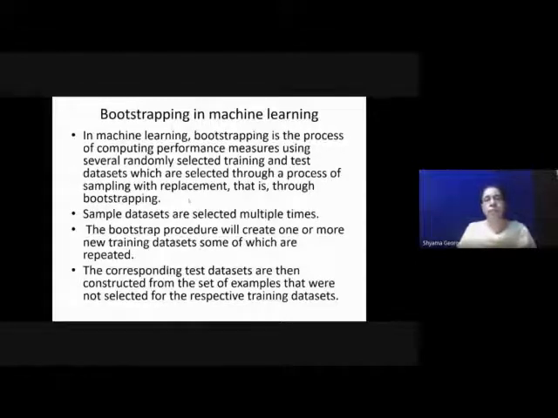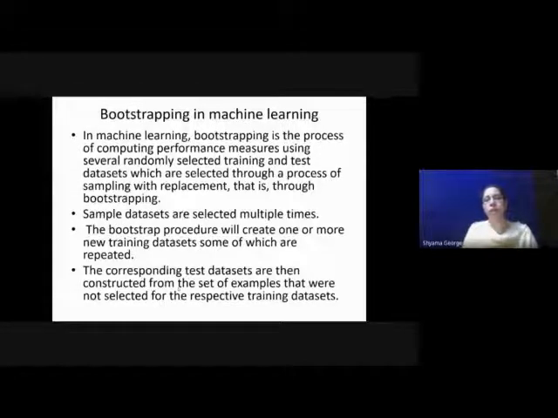So the data sets are selected several times. The bootstrap procedure will create one or more new training data sets, some of which are repeated, because we are using sampling with replacement. The corresponding test data will be constructed from the set of examples that were not selected for training.